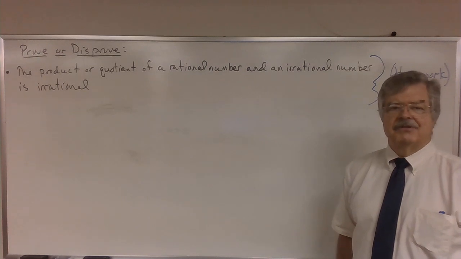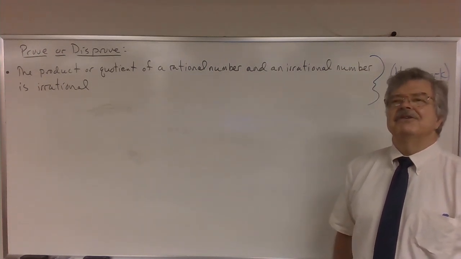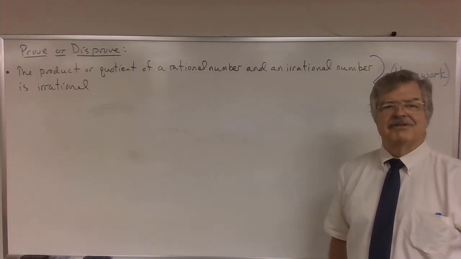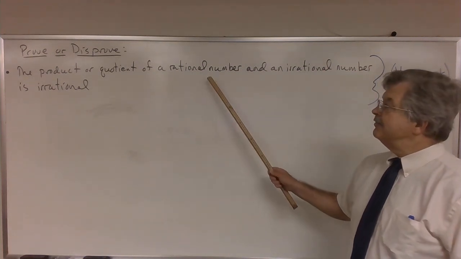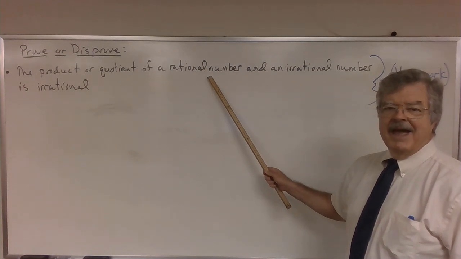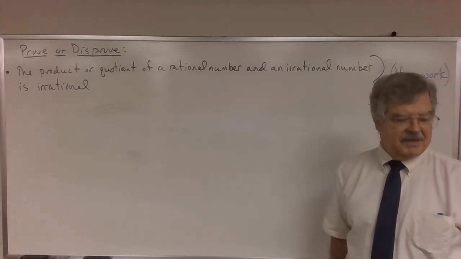I'll tell you when it's due in class. I'll give you the assignment formally by Canvas and tell you the due date and so forth and so on. But this is something that may or may not be true, and we won't do it in class, at least not right away. It's going to be a homework exercise.